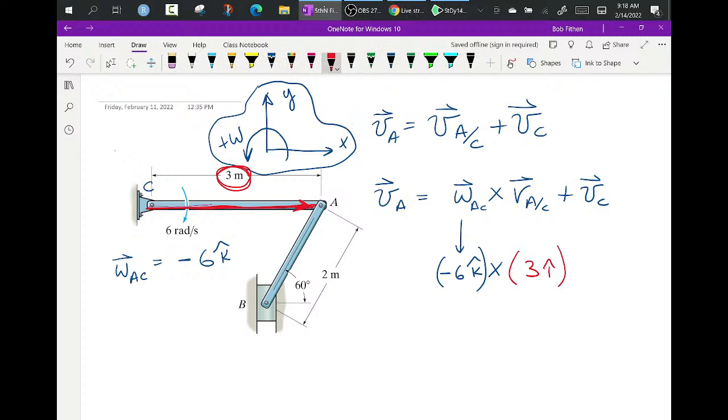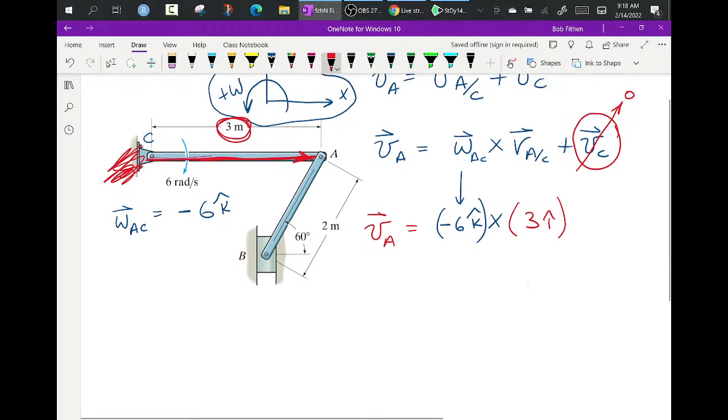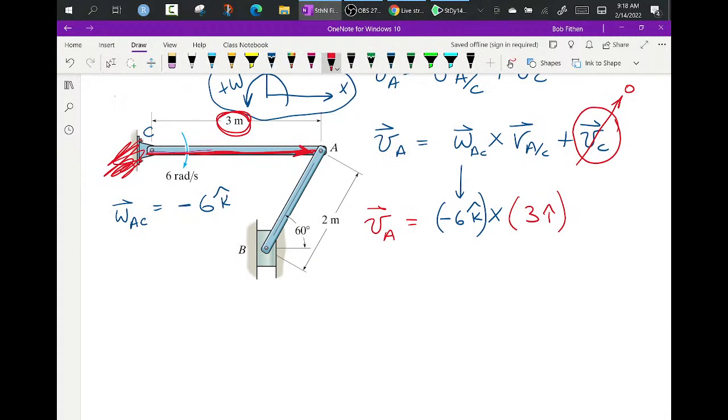Now, luckily, for this particular case, this thing is pinned to the wall. Since it's pinned to the wall, it doesn't have any velocity. So the only velocity you have here, well, the velocity of A is that. Now, he'll go through the book and he'll see stuff like, oh, I cross J is equal to K and all that sort of stuff.